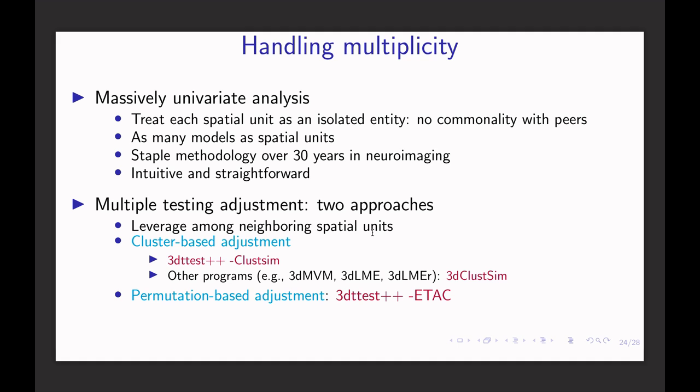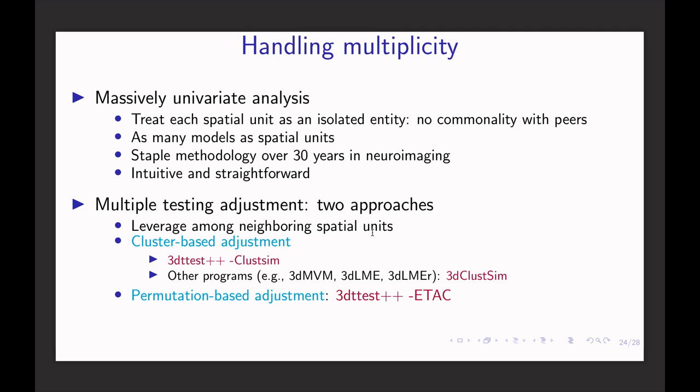With the cluster approach, you only consider the spatial part. Once your real cluster is above that threshold, you get the survived one. Otherwise, you lose, right? So the permutation-based approach is slightly more comprehensive in the sense that you combine two pieces of information.